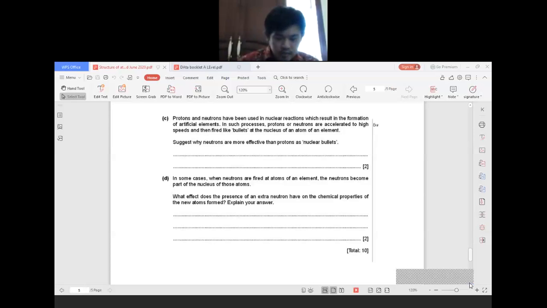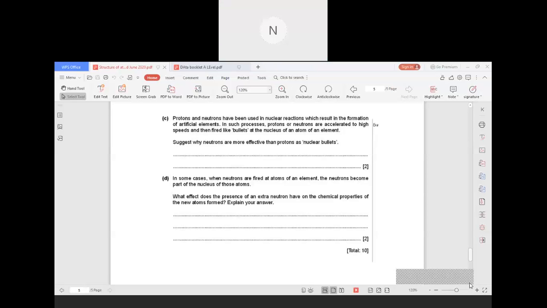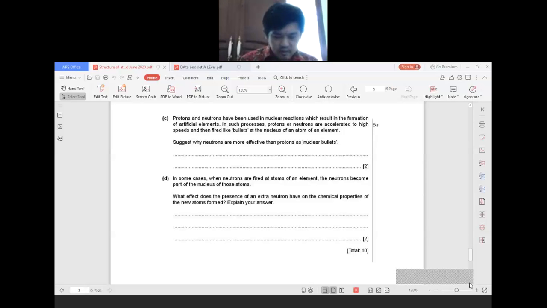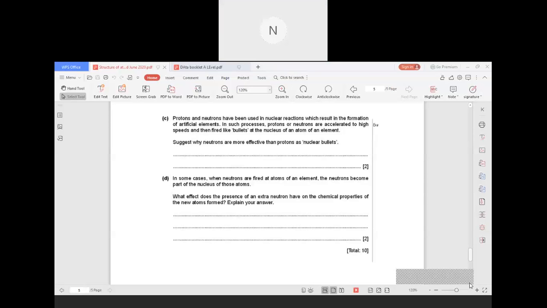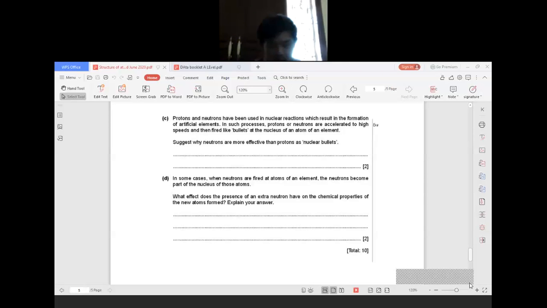It's because neutrons have no charge. They are neutral. If they do not have charge, therefore the neutrons will not be affected by the protons in the nucleus of the atom.